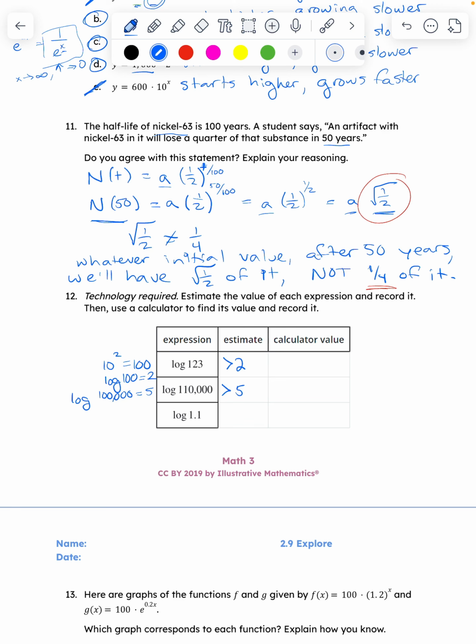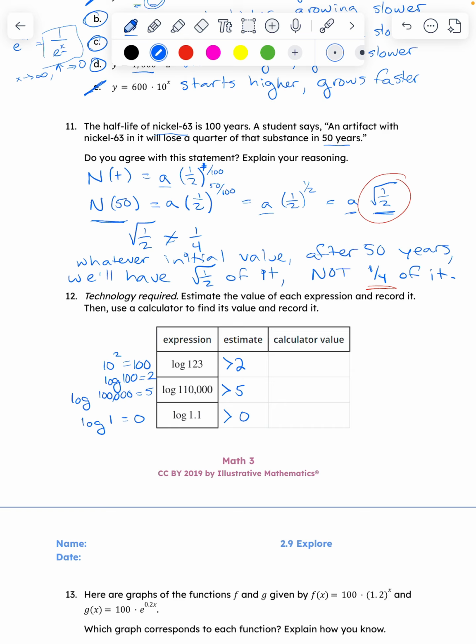And similarly, my log of 1.1 is going to be really close to my log of 1, which is 0. So this is going to be just a tiny bit bigger than 0. Right? So in each case, I don't know the log of 123 straight up, but I know a log that's near it, a log of 100, and I can use that to estimate what my value will be.